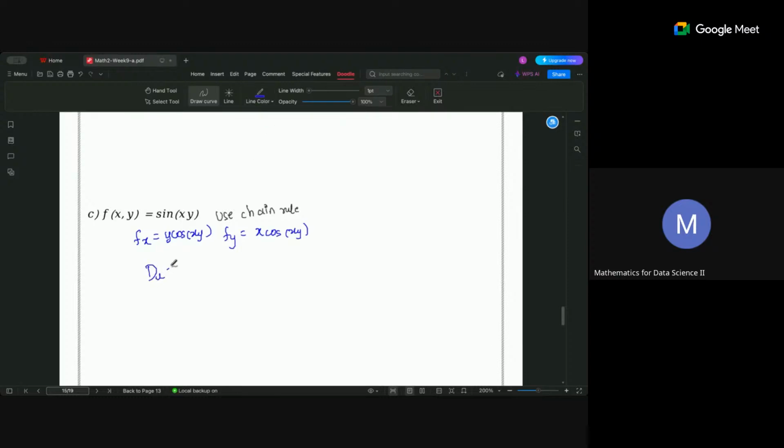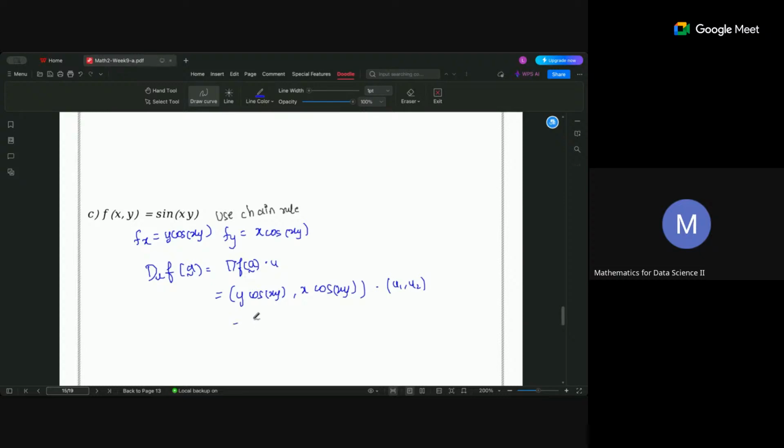So Duf at any point a tilde is given as del f at a tilde dot u, right? So you have y cos xy comma x cos xy, dot product with u1 u2.